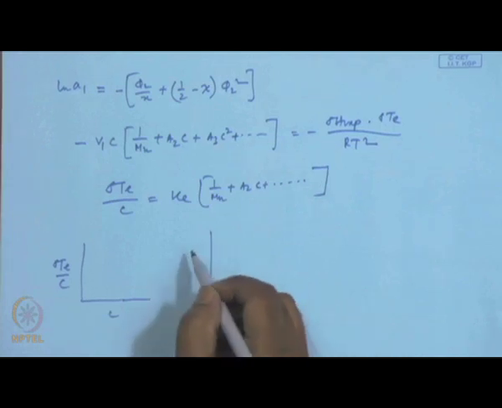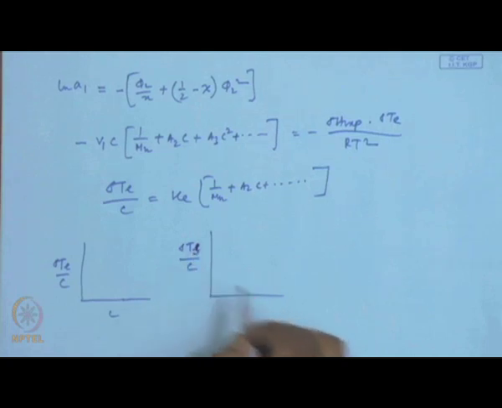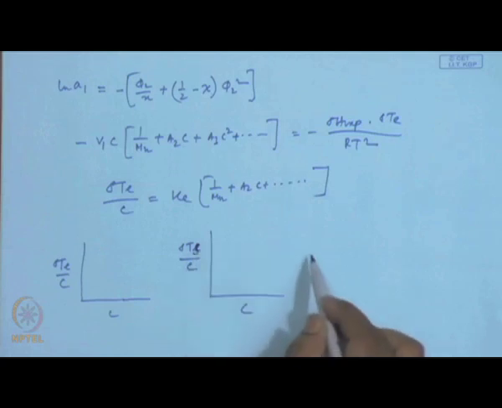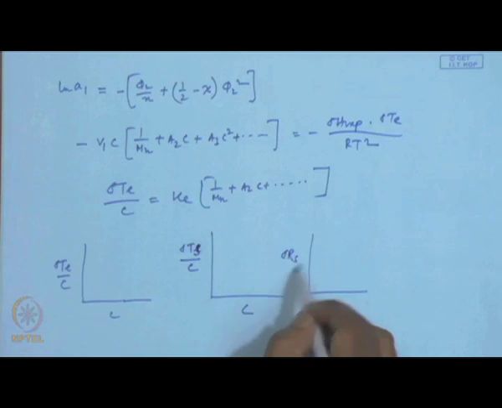So, actually what we plot is delta Ts by C versus C. Delta Ts is the steady state temperature difference, which again is measured by the difference in the resistance between the two thermistors.